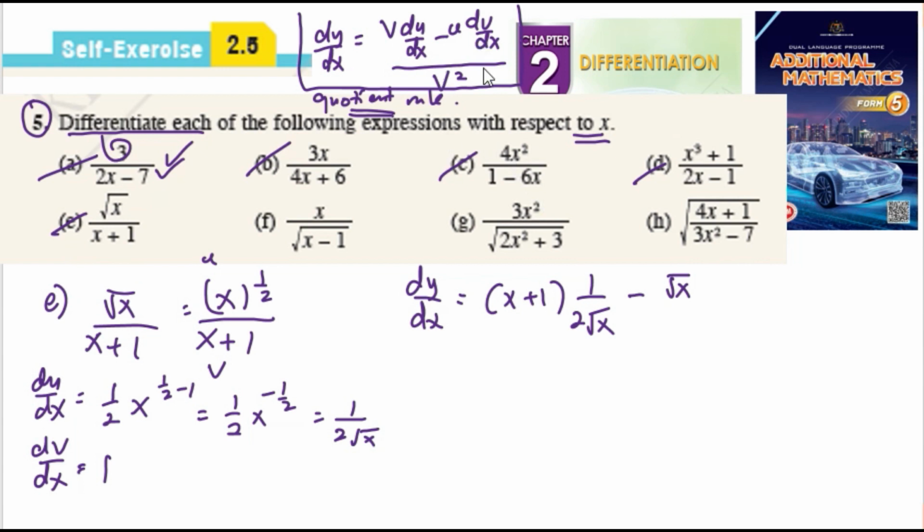So dv over dx, where is dv over dx? Here is 1, divided by v squared. So v is x plus 1 squared.